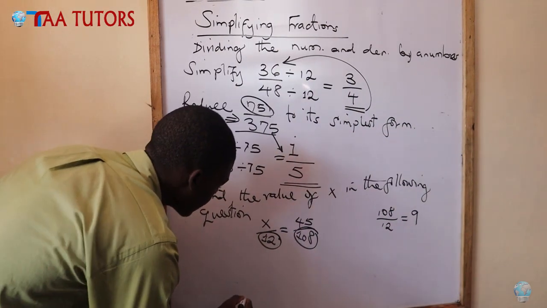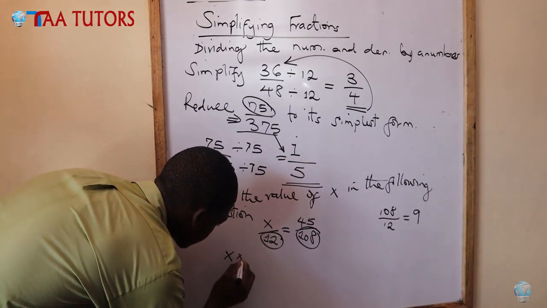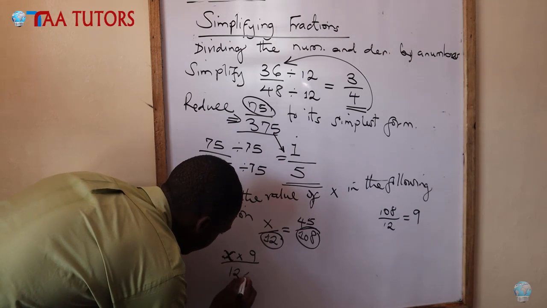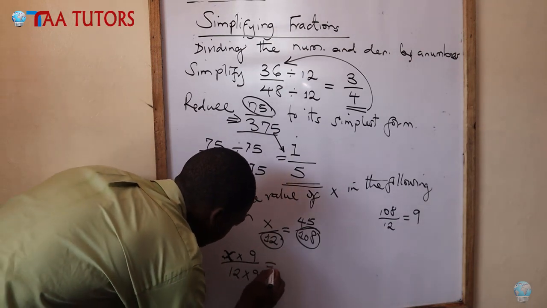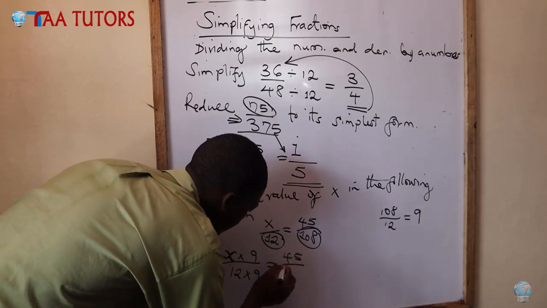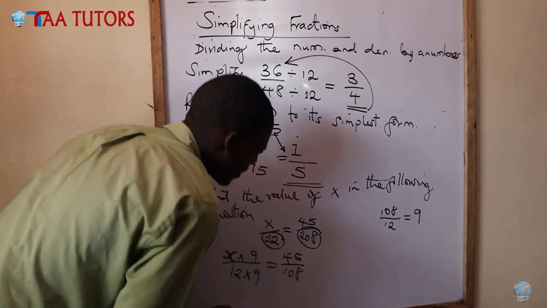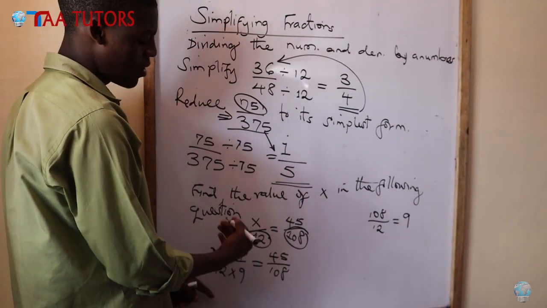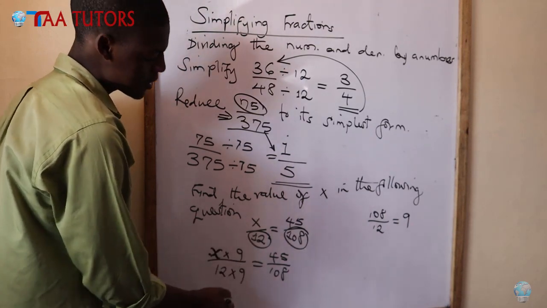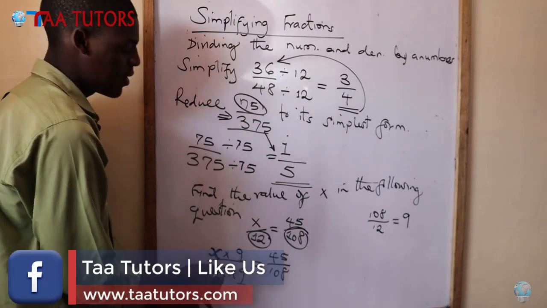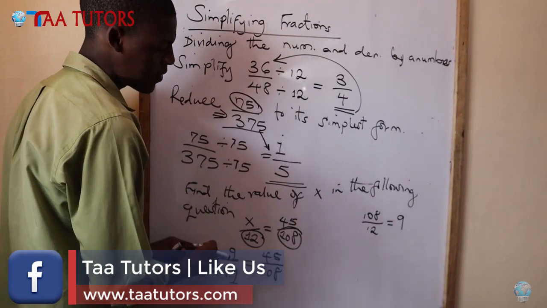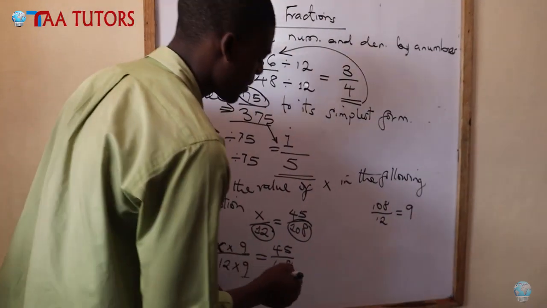So it means they had x over 12 times 9 to give us 45 over 108, because the factor you are using must multiply both the numerator and the denominator. So in this case it is 9. Yet 9 is multiplied by x to get 45. What is the value of x here? That is now what we are supposed to do.